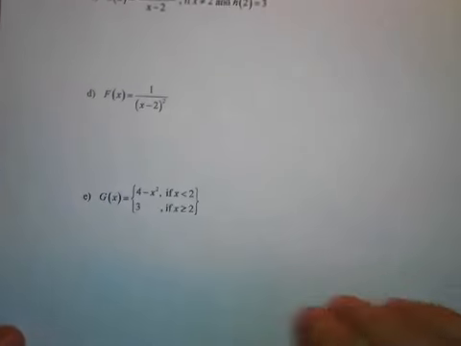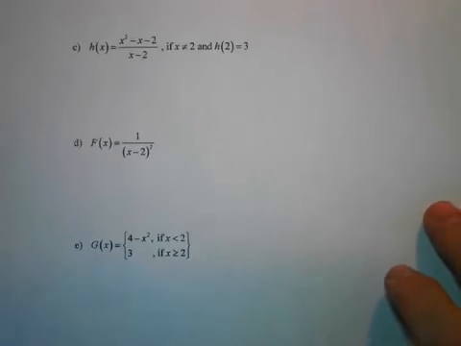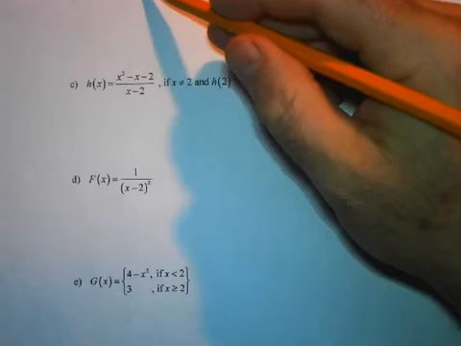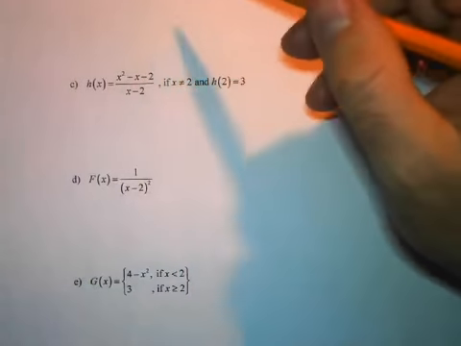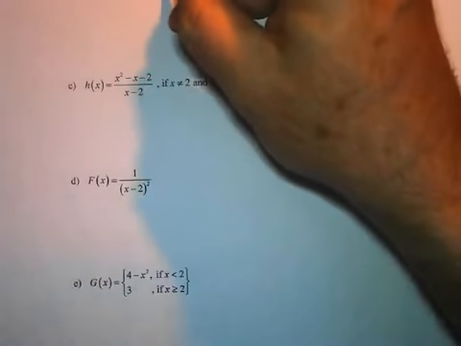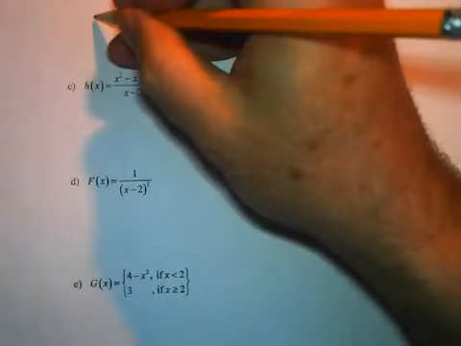So we've got a couple of rational functions, two or three rational functions here. In this case, we've got a quadratic over a linear, and you could probably guess what's going to happen here. You can actually factor the top. Let's do it down here.